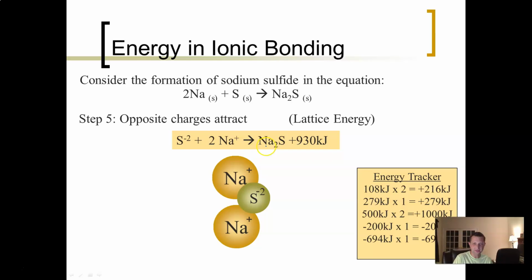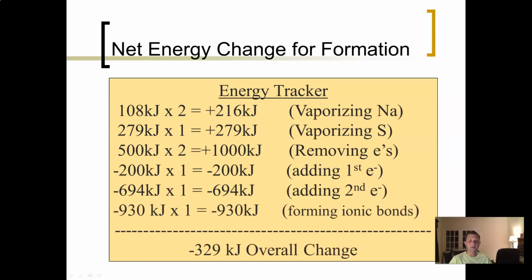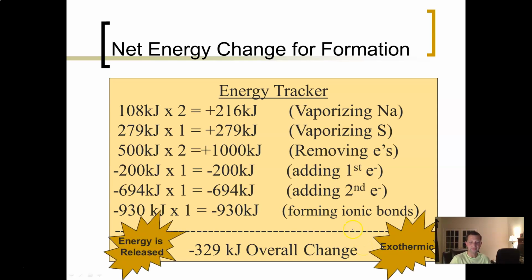Your ions are coming together now to make this, plus your 930 kilojoules as your energy released. Do your energy tracker, and here's what we get. Your overall change, that's the energy of formation. Okay, it's a vocab term, write that in. Energy of formation. Negative 329. That's what we want.